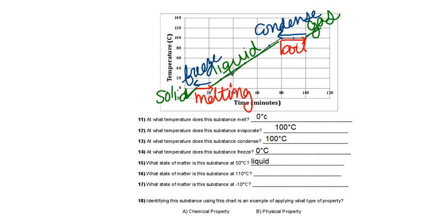What state of matter do you have at 110 degrees Celsius? Come up on the graph, find 110. Where does it meet the graph? Right here, and that state is a gas. What state of matter do you have at negative 10 degrees? So we find negative 10, it meets the graph right here, where we have a solid.